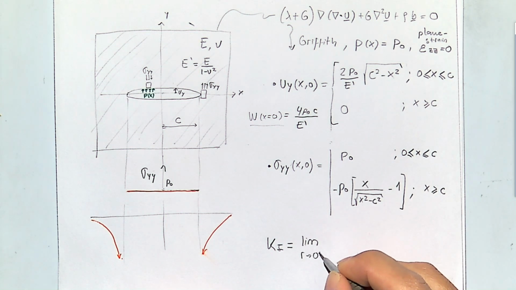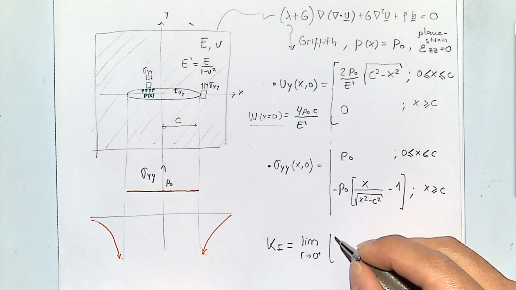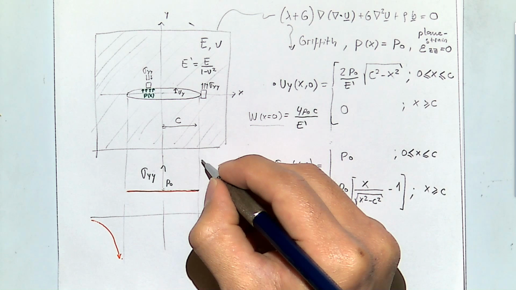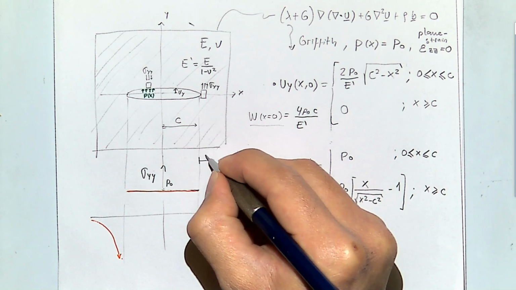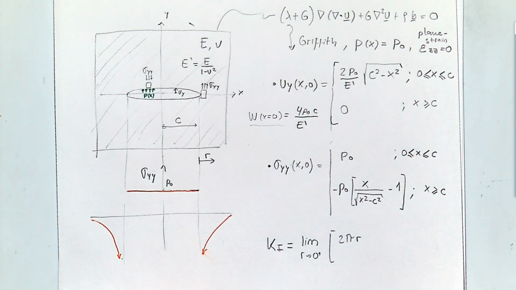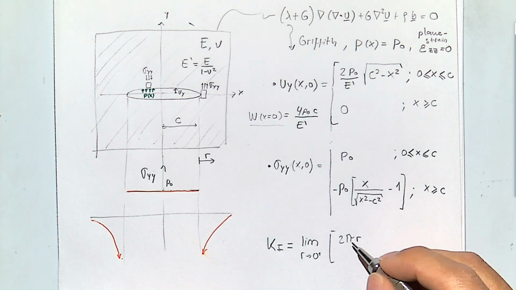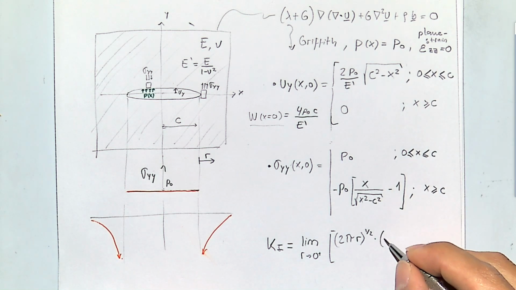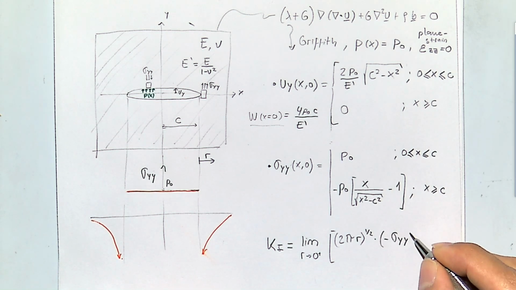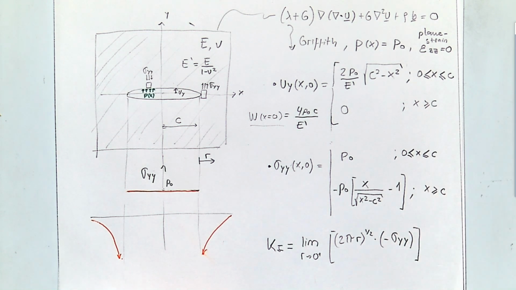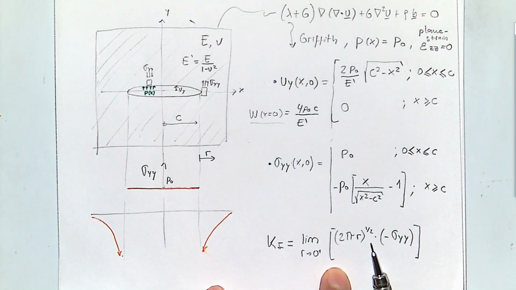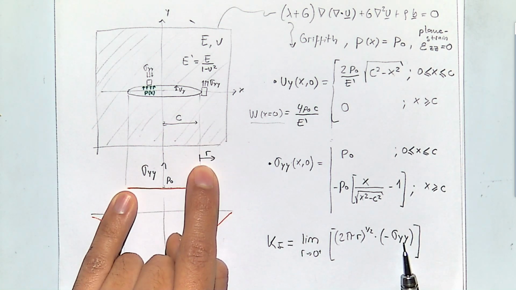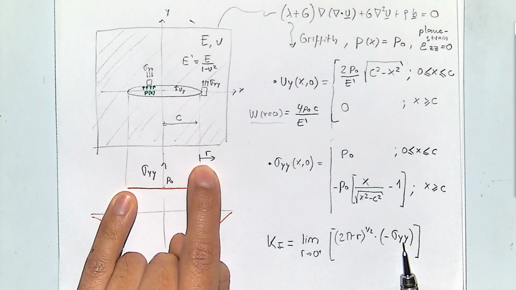I hope you guys remember what the limit is of the product of distance from the tip, where r is a coordinate starting at the tip, the limit of 2 pi r square root times the stress at that location. And when you take this limit, notice that r, as you get to the tip, is going to tend to 0, and this one is going to tend to infinity.